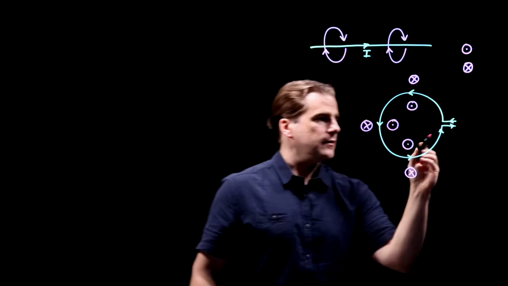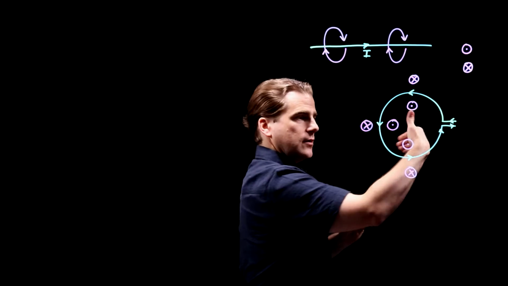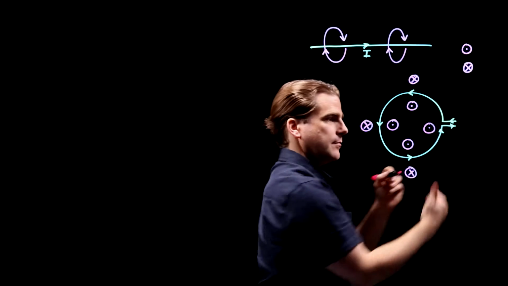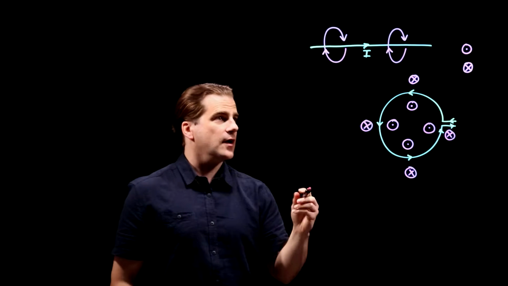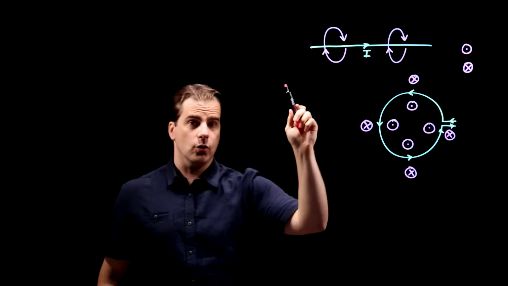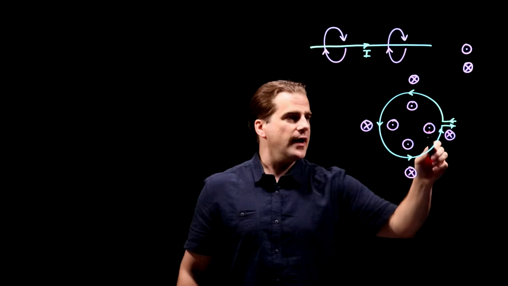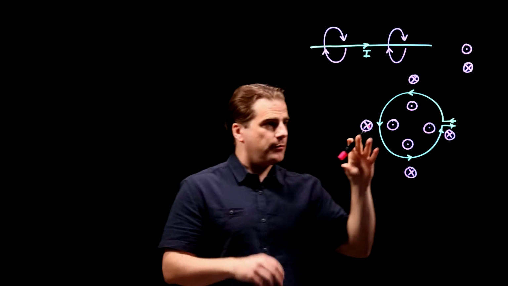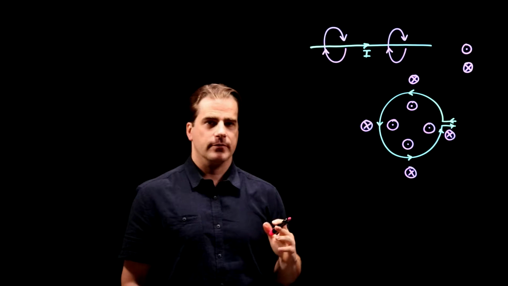Finally, this side, current is going up there, so it's curling towards you here and back towards me here. And so, using the fact that a current carrying wire always produces a magnetic field, we can create a region in which the magnetic field is pointing in the same direction inside a coil.